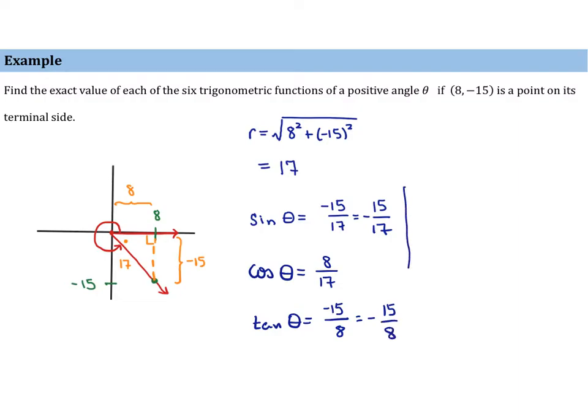And then, again, to find the remaining 3, we can take the reciprocal. Cosecant of theta is negative 17/15. Secant of theta is 17/8. And cotangent of theta is negative 8/15.